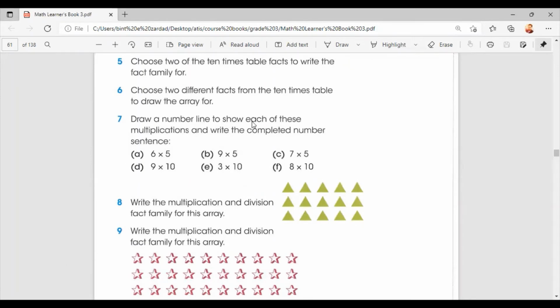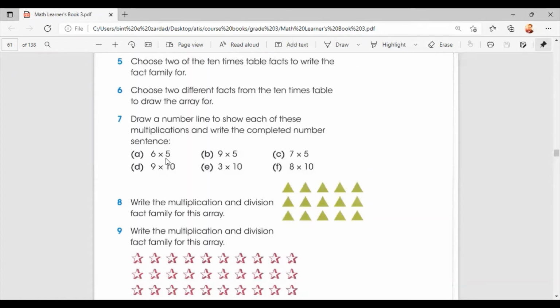Draw number lines to show each of these multiplications and write the completed number sentence. So 6 multiplied by 5.